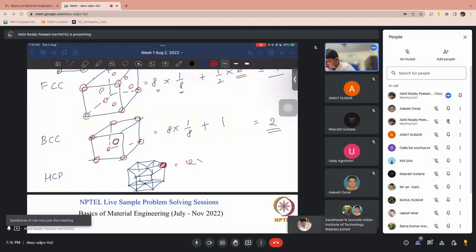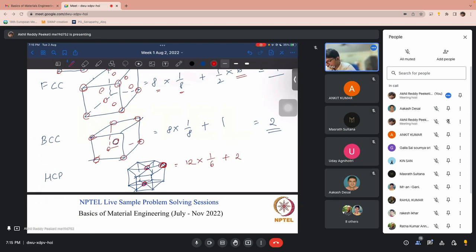So 12 into shared by 6 unit cells, and you will have 2 face atoms into 1 by 2, plus there would be 3 atoms completely inside. So this would give 2 plus 1 plus 3, 6 atoms per unit cell.